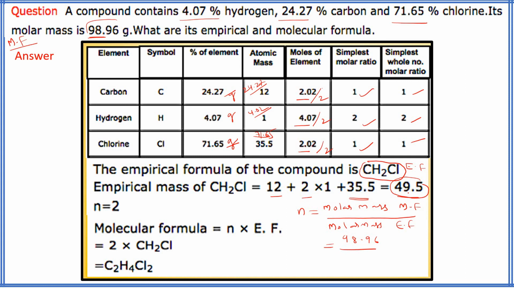The molar mass of empirical formula is 49.5. If you do this, we get 2. N is equal to 2. Now this formula is useful for calculation of molecular formula. 2 into the empirical formula CH2Cl gives 2 carbons, 4 hydrogens and 2 chlorines. This is the answer here.